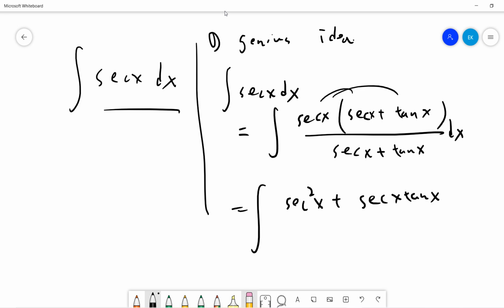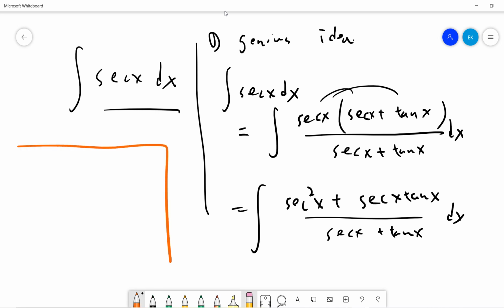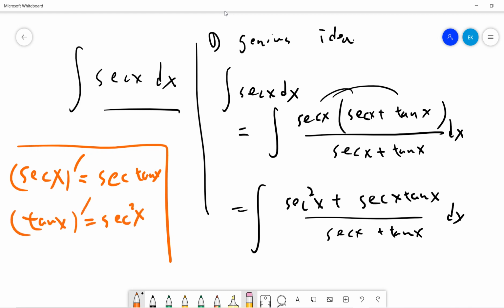So I just expand it out. One common fact in trigonometry is that the derivative of secant is secant tangent, and the derivative of tangent is secant squared. So this term is the tangent derivative, and this term is the secant derivative.